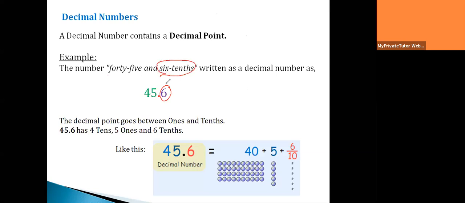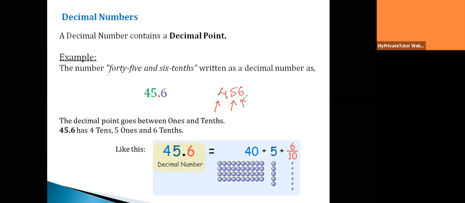If it is 456, how do we write? But here it is 45.6, because 6 is in the tenths place, 1 by 10, as I said. So that is 6 by 10, which is 6 tenths.